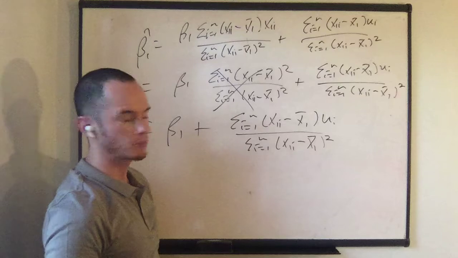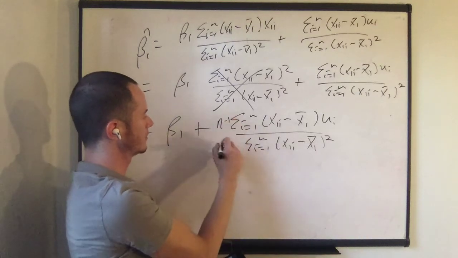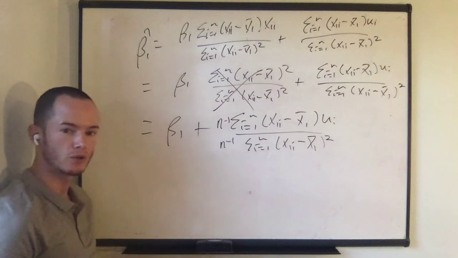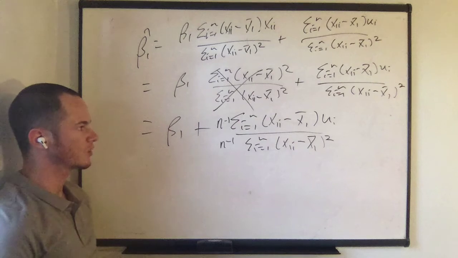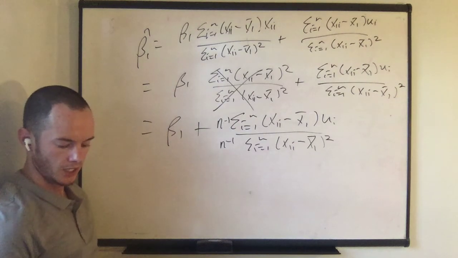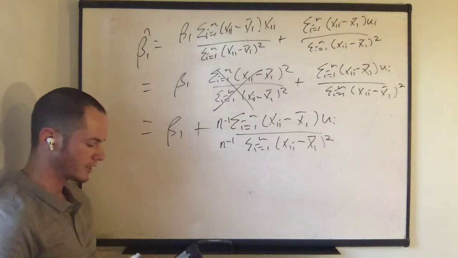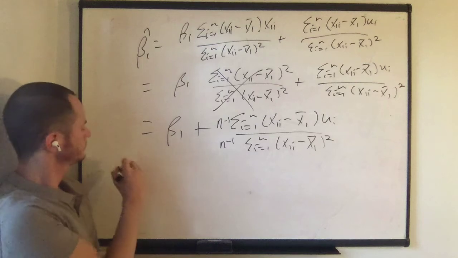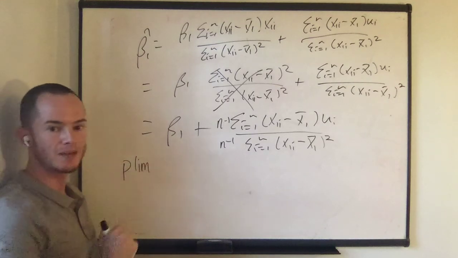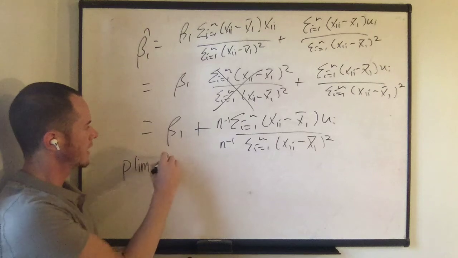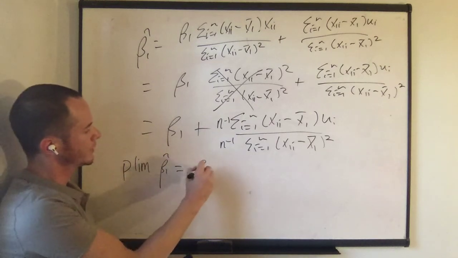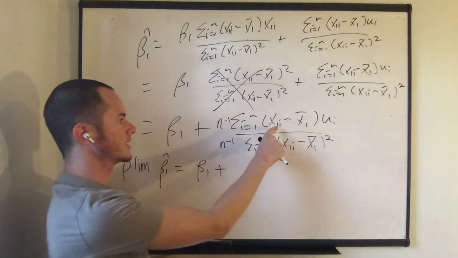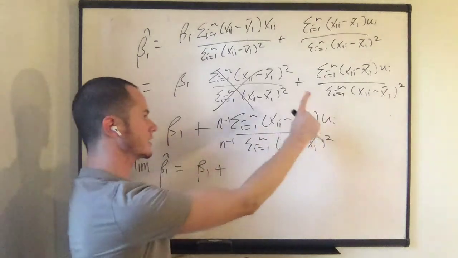We can multiply and divide by n to the power of negative 1 so that we can use the law of large numbers to conclude that these sample statistics are going to converge in probability to their population quantities. So we can write that the probability limit of beta 1 hat is equal to beta 1 plus, now 1 over n times the sum from i equals 1 to n of (x1i minus x1 bar) times ui.